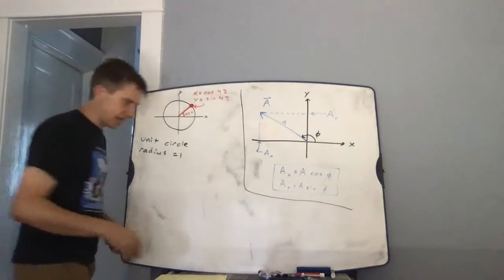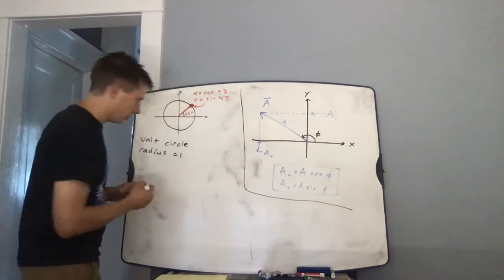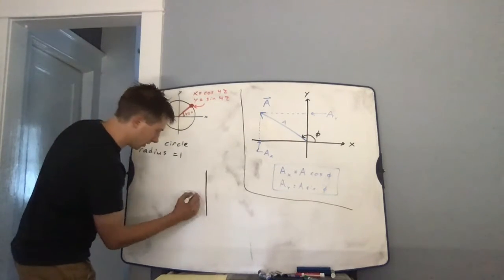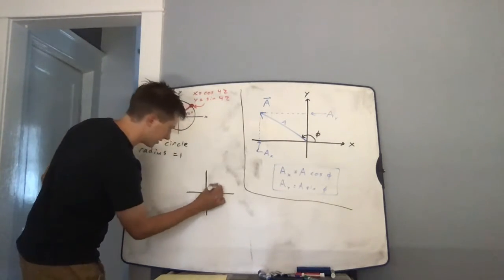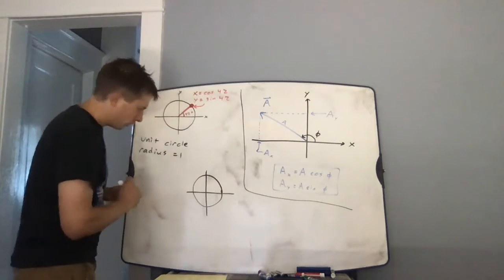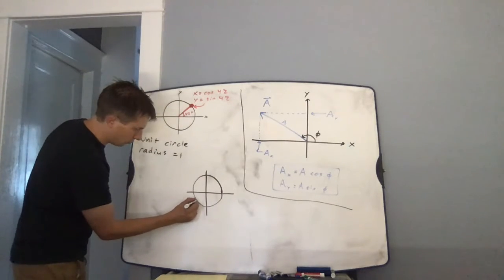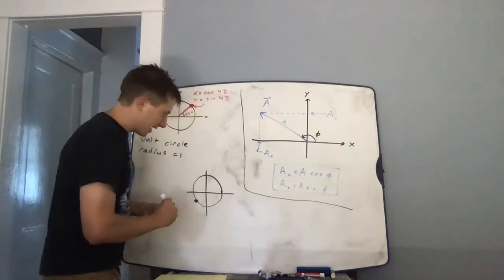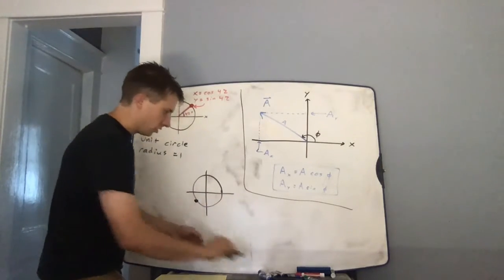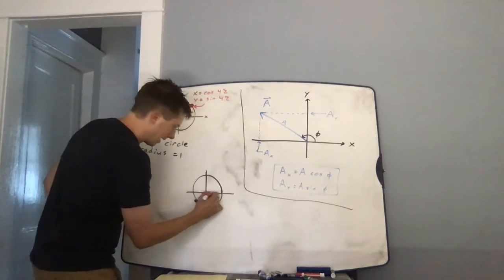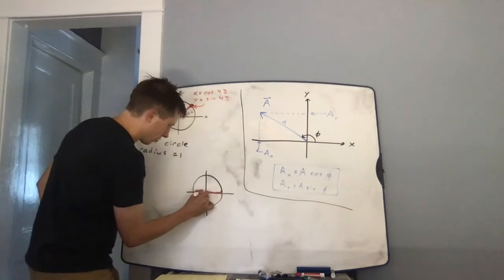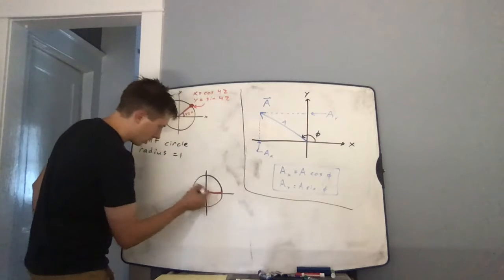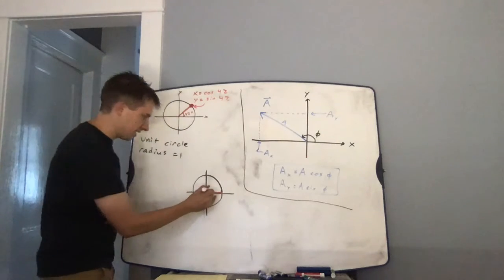What if we choose a different point on the unit circle? So if I say here is my x and my y axis, what if I choose a point down here? I could begin again pointing along the x-axis, and I could draw a line to this point that I am interested in.